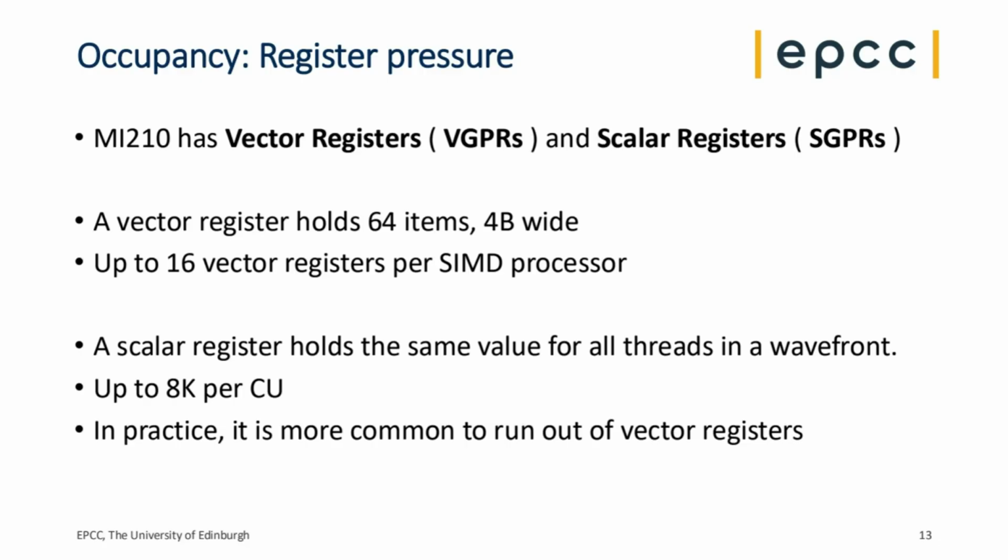So you basically have 4,000 bytes per SIMD, and so you have 16,000 bytes that can be stored there per compute unit. So your vector registers, as I said, hold values that are specific to the threads within a wavefront, whereas the scalar registers will hold values that are shared by all the threads in a wavefront.